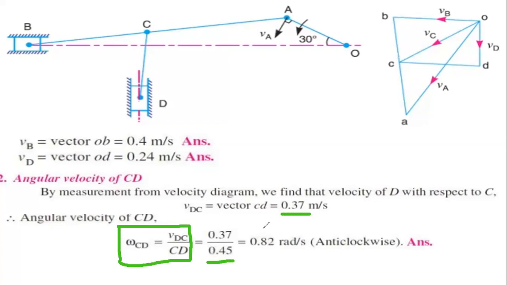So then we get a value of 0.82 radians per second, that is in the anti-clockwise direction because the crank is rotating in the anti-clockwise direction. So here we can take the position as anti-clockwise only. Therefore the angular velocity of CD is 0.82 radians per second.